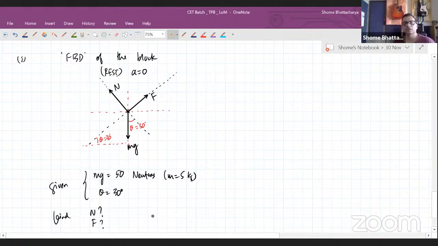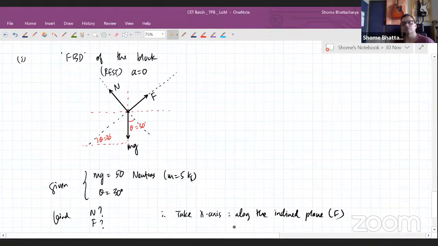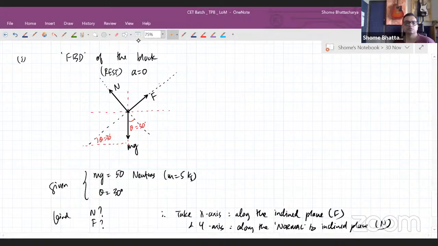Okay. So we will take x-axis along the inclined plane, that is the direction of F, and y-axis along the perpendicular or the normal to the inclined plane. So we will select our system of xy axis like this.